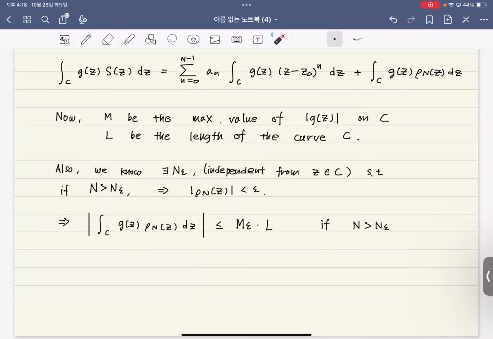That means, independent of the choice of the point z, this tends to 0 as n goes to infinity.